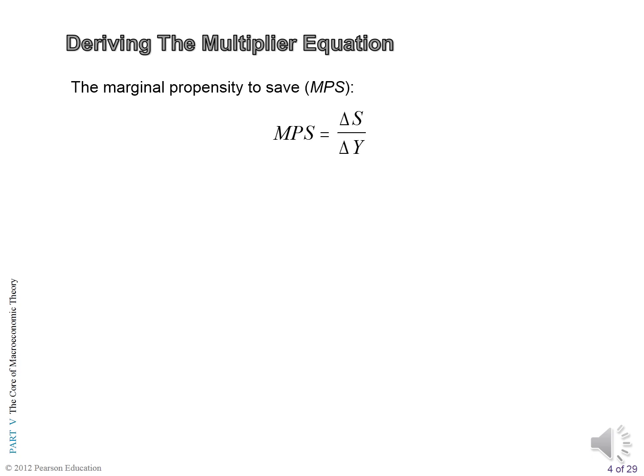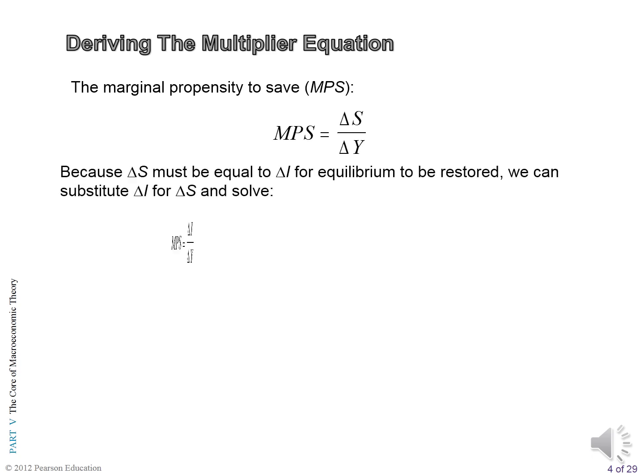How to calculate the multiplier? Let's derive the multiplier equation. We know that marginal propensity to save equals change of saving over change of income, delta S over delta Y. As we said, to restore the equilibrium, the change of saving must equal the change of investment.